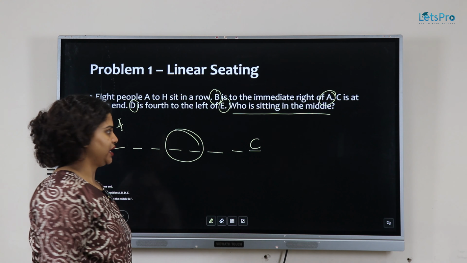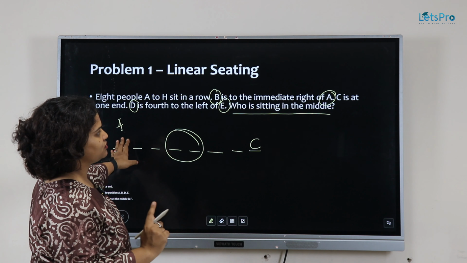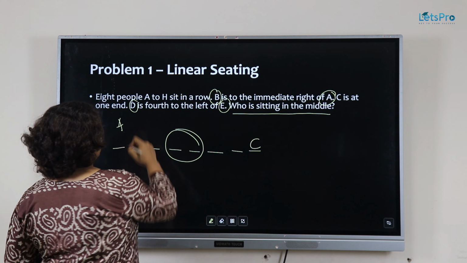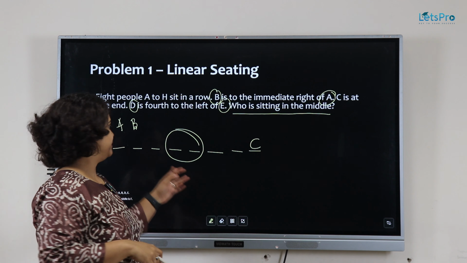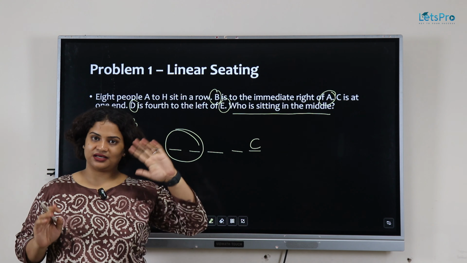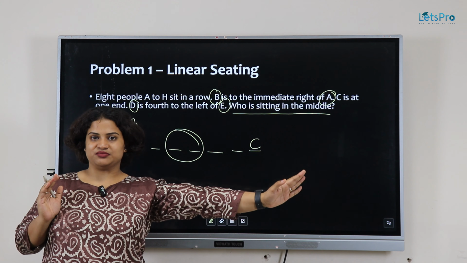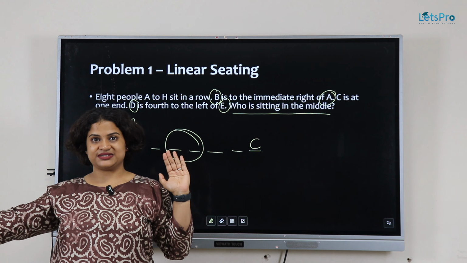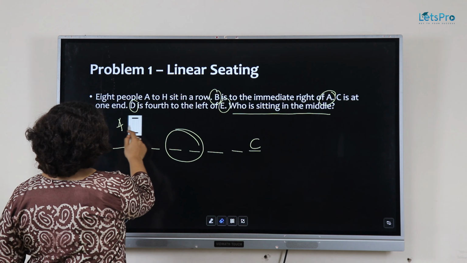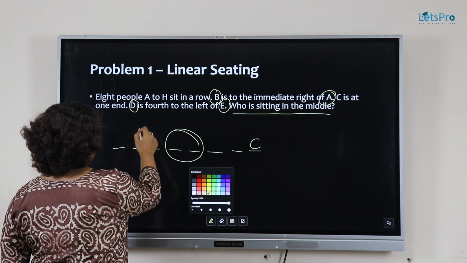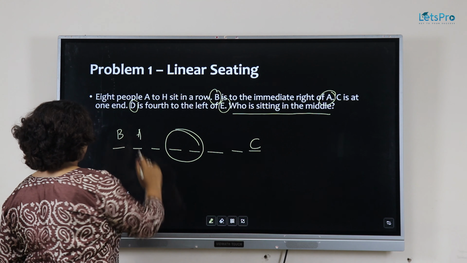B is to the immediate right of A, meaning B should be here, right? But is that possible? Because this is A, to the left is B, right? So A should be somewhere here. So let's change that position quickly. So A is here, let's say B is here.